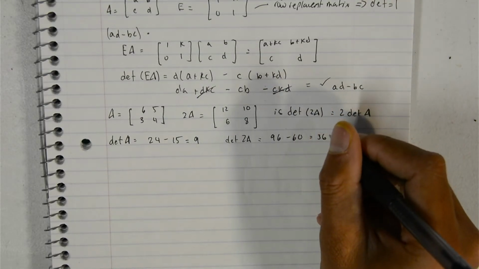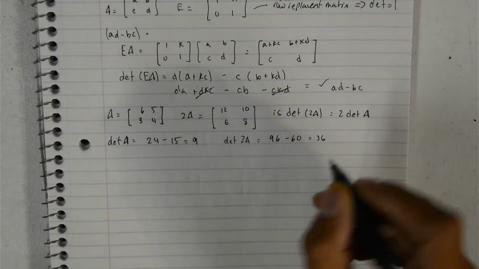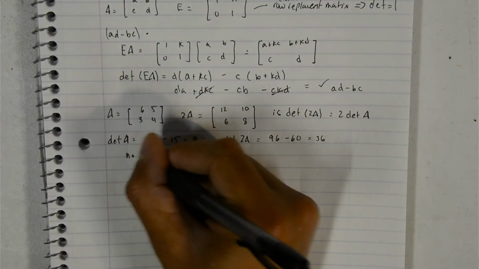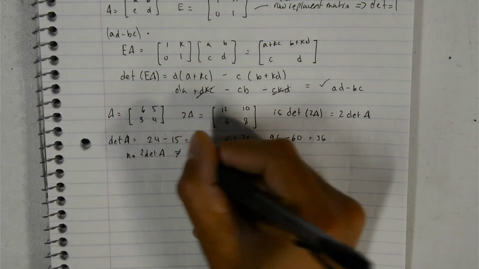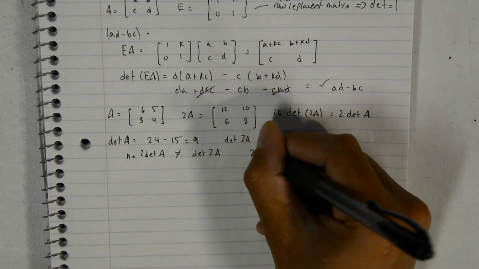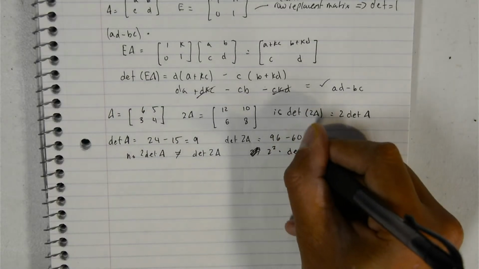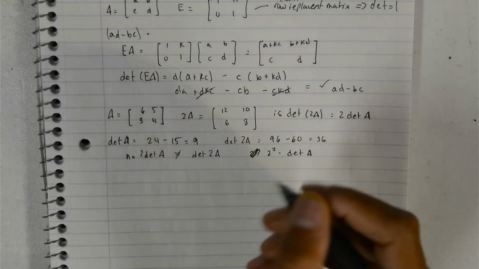Let me double check that: 12 times 8, 96 minus 60. Okay, cool, that's correct. So no, 2 det A is not equal to det 2A. What it is equal to, though, is 2 squared times det A. That's what we figured out like 10 minutes ago, when we started experimenting. All right, so this was 37.